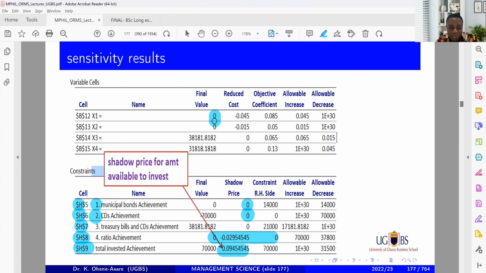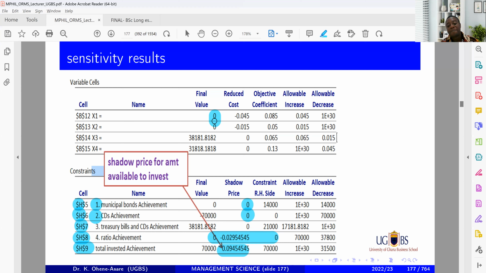But let me ask you, if Amma had a choice of investing in the ratio achievement and treasury bills, which one should she take and why?